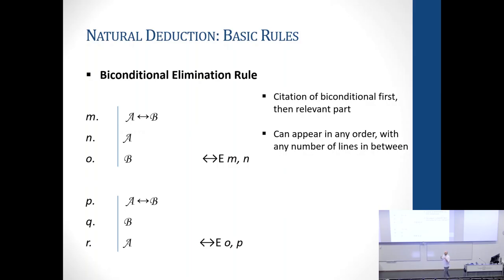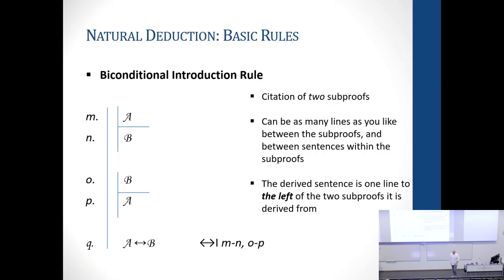The thing to note, if you're struggling to get a grip on how these rules work, is remember what the connectives express. The conditional expresses if-then. So when we do something like biconditional introduction, which is just conditional introduction twice, the subproof is showing you if-then. If A, then B. It's just showing you, if you assume A, then you can derive B. And the biconditional just does that both directions.